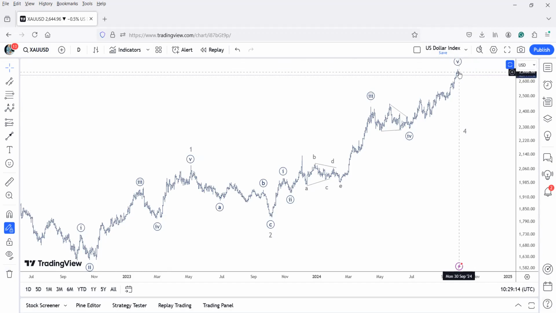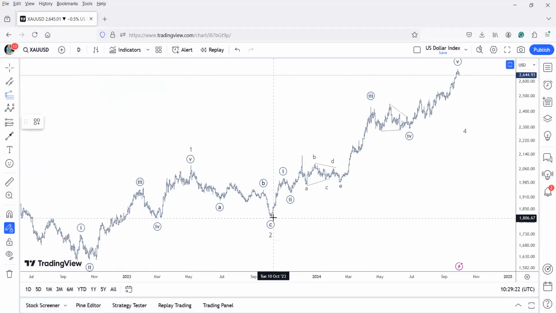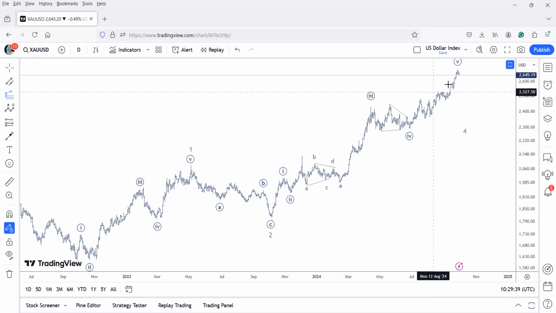If the answer is yes, that was the extension, which was also being met. 2684. I think we were quite close to that, or it's already been met. So if wave 3 got complete, I've just changed a bit of the minute wave. Minute wave 3 gotten completed there.